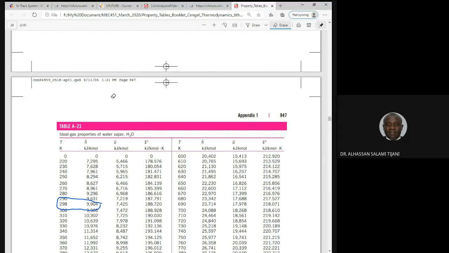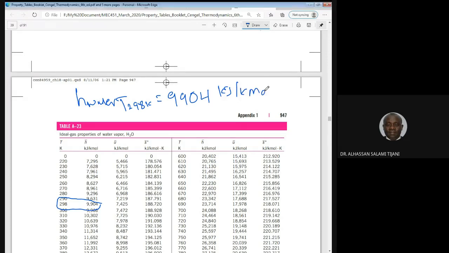I'm trying to explain something to you here, so pay attention. The enthalpy of water at temperature 298 Kelvin equals 904 kilojoules per kilomole.